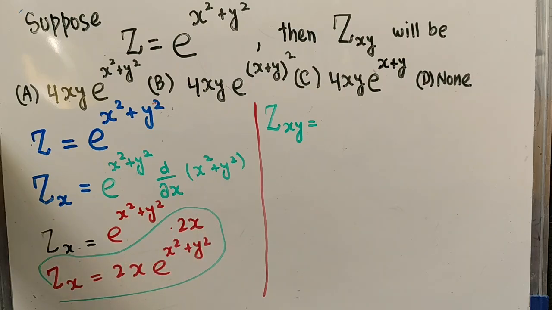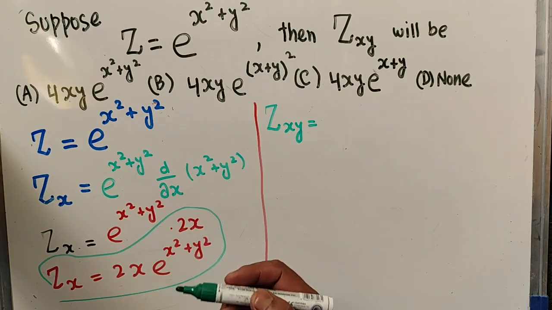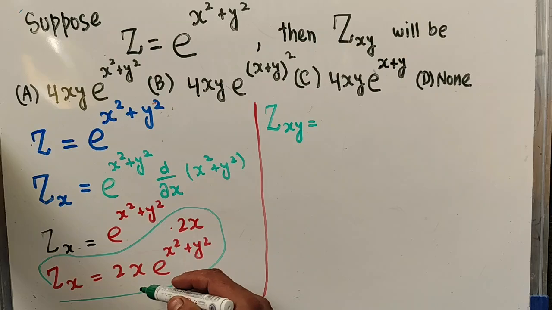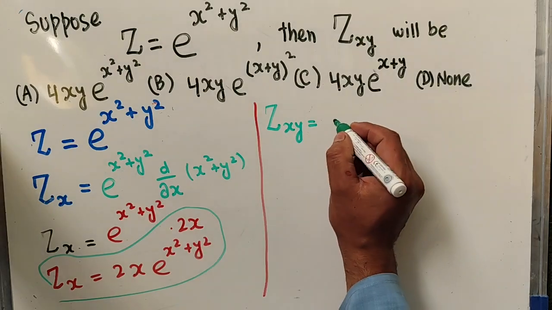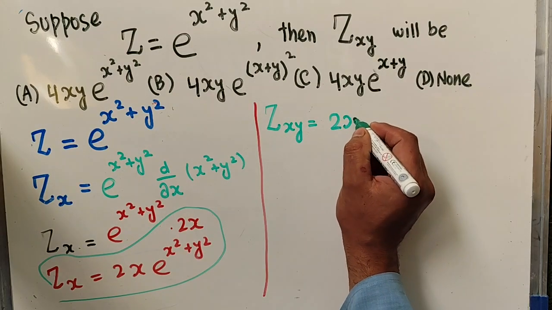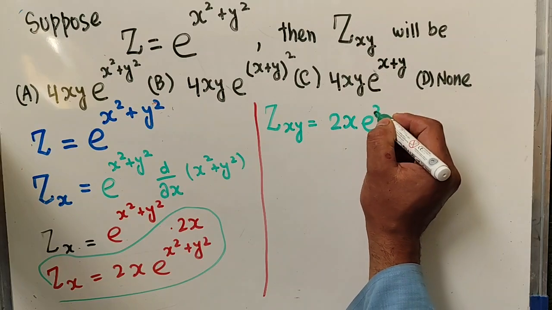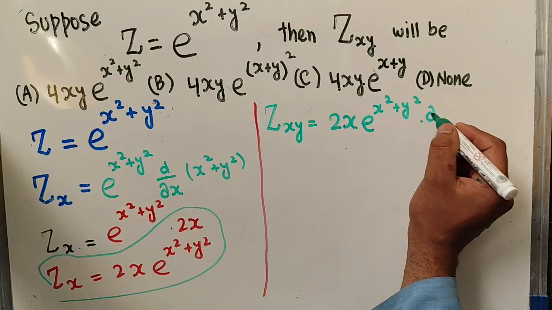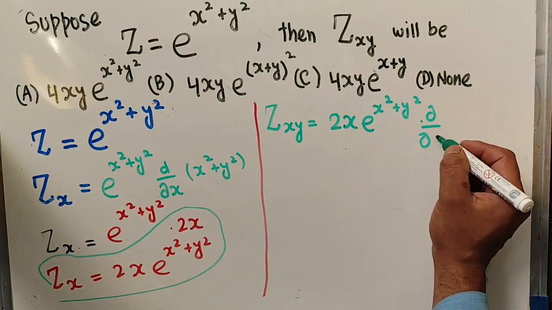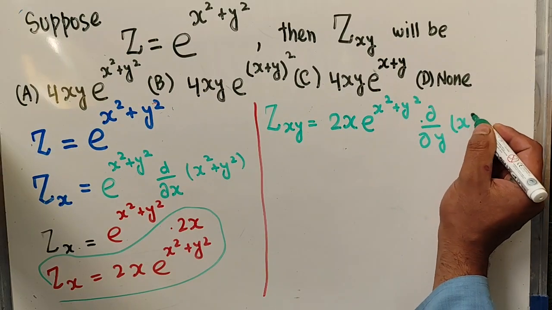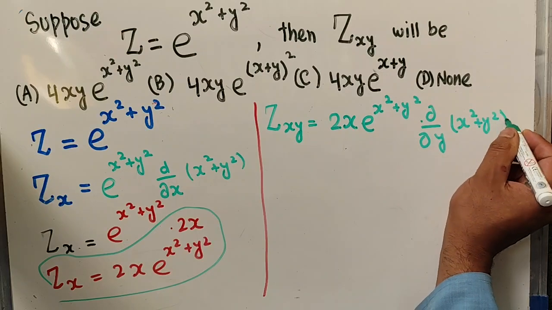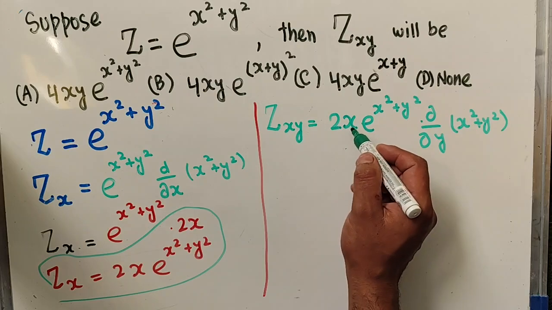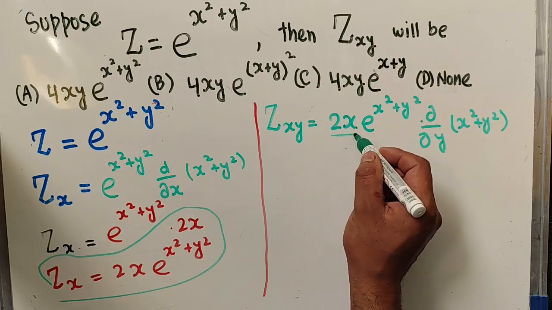Again using the rules of differentiation, the derivative of this function will be equal to 2x e raised to the power x square plus y square times the derivative of the exponent with respect to y, that is x square plus y square. Why does this happen here? Because we are taking the partials with respect to y, that means x is assumed to be constant, so we have 2x as it is.